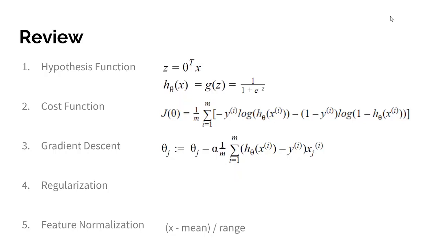And then we have the same old gradient descent equation that we use from linear regression. We talked about how we use regularization in order to prevent underfitting and overfitting to get a better general model. And we talked about how we can use feature normalization in order to speed up gradient descent.